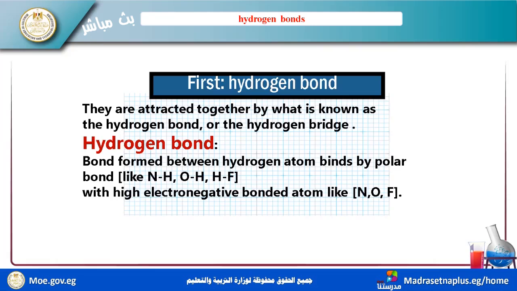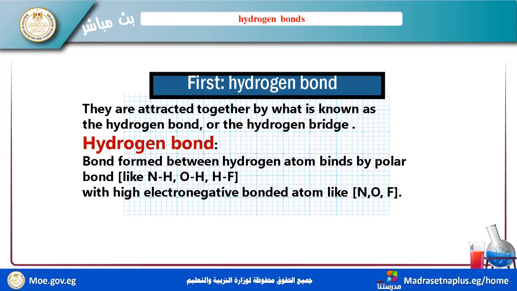Hydrogen bonds are an attraction force only, between oxygen and hydrogen. Because I have a partial positive charge on hydrogen and a partial negative charge on oxygen, they attract together by what is known as hydrogen bonds, and or hydrogen bridge.